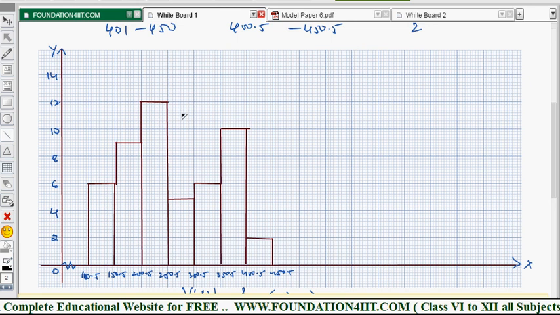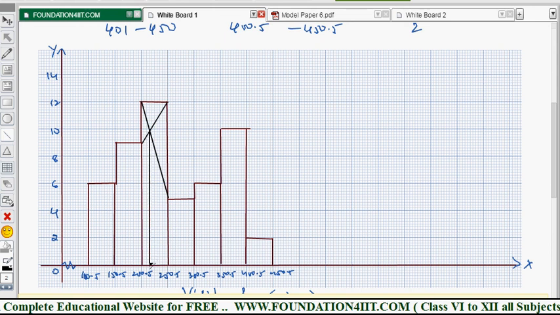Join the highest bar's upper limit to the previous bar's upper limit, and its lower limit to the next bar's lower limit. Now where these two lines join, from there you can draw a straight line towards the x-axis.